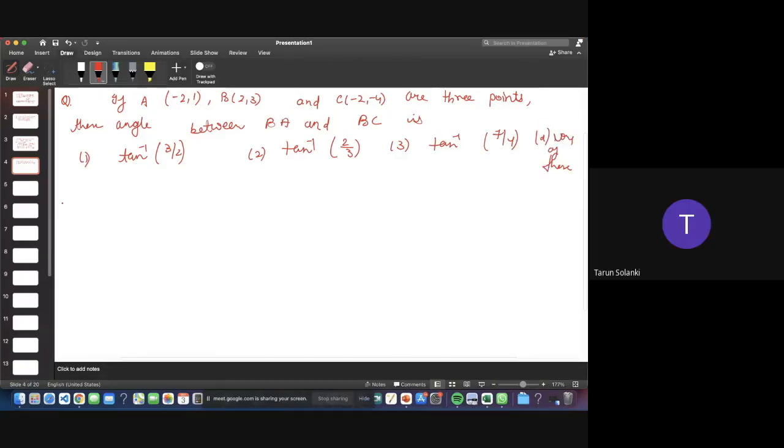Solution: let m1 and m2 be the slopes of BA and BC.